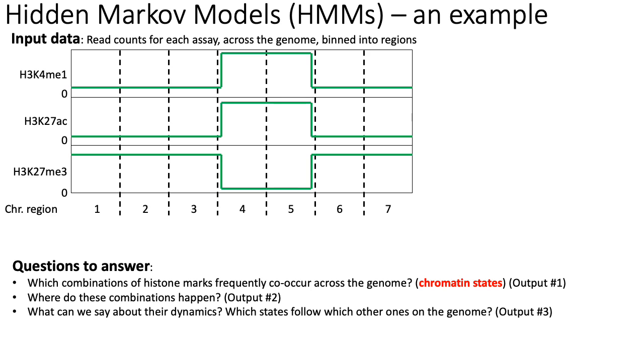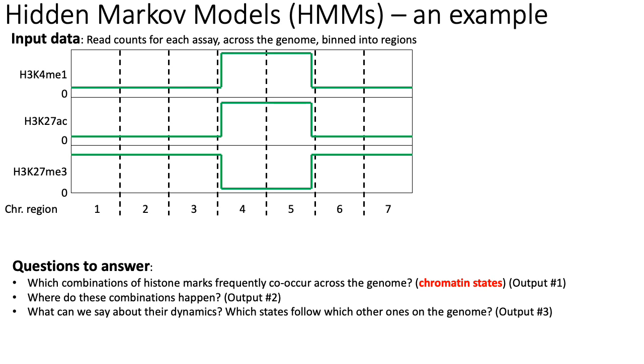And so suppose in a hypothetical experiment, suppose we've done ChIP-seq experiments to assay the location of 3 different histone modifications across the genome. And so what I'm illustrating to you here are 3 hypothetical signal tracks that you would get from those ChIP-seq experiments, where basically the higher the green line is for a given histone modification, the more reads you saw at that particular region of the genome.